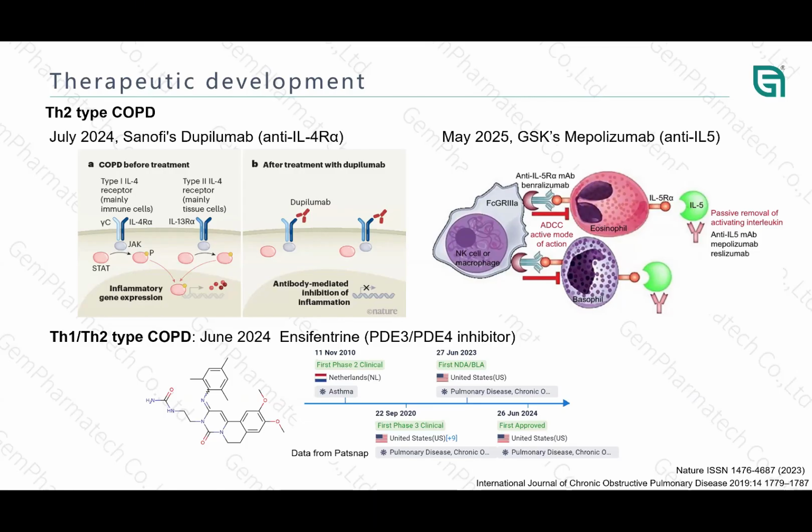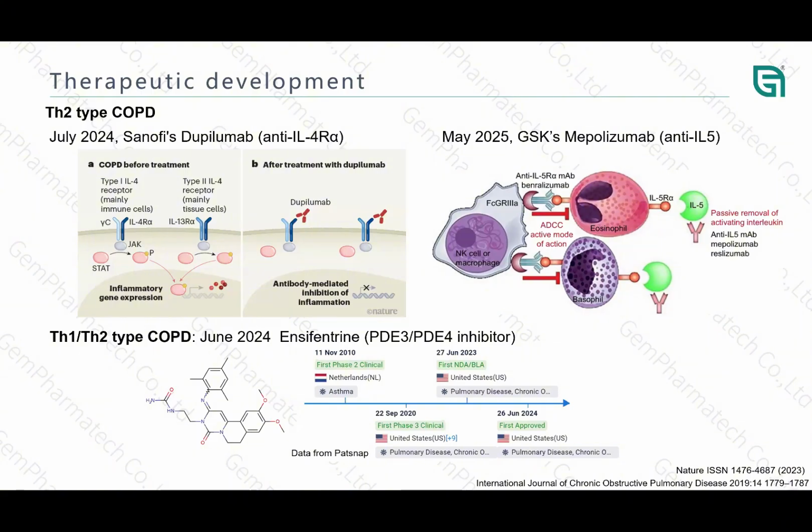So, in response to these substantial unmet medical needs, the global pharmaceutical companies are accelerating the research and development of innovative drugs. In July 2024 and May 2025, Sanofi's dupilumab and GSK's mepolizumab were approved for use in eosinophilic adult patients with COPD.